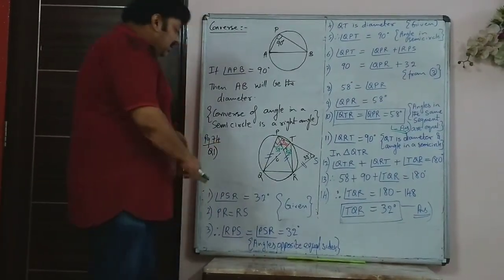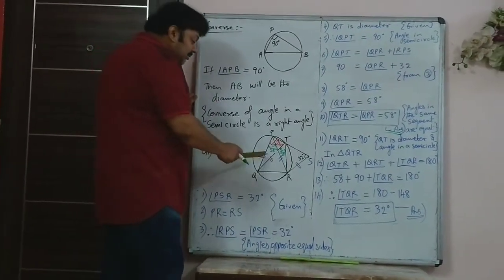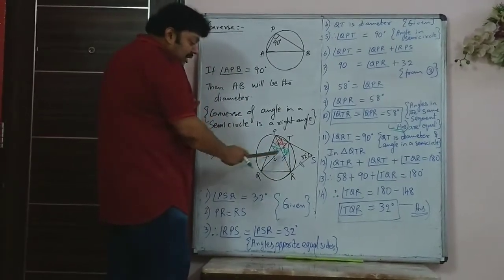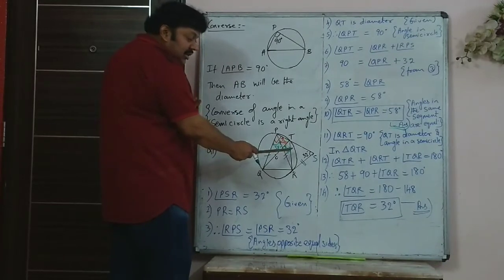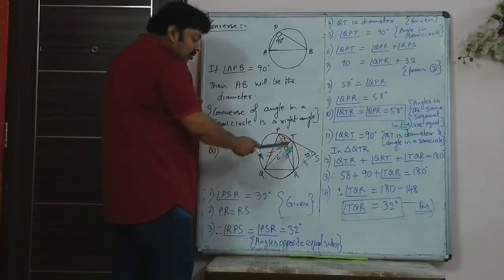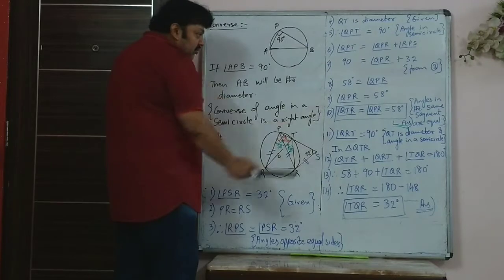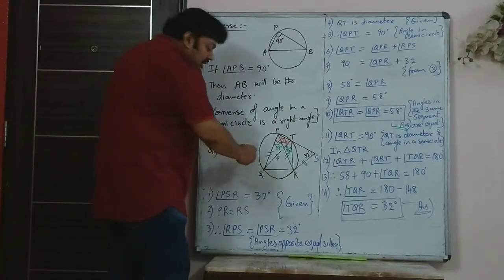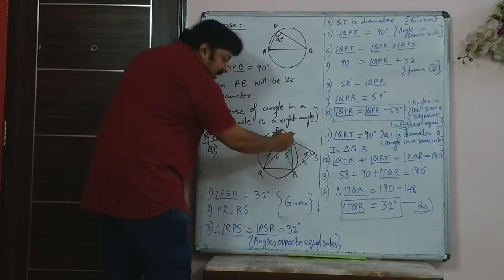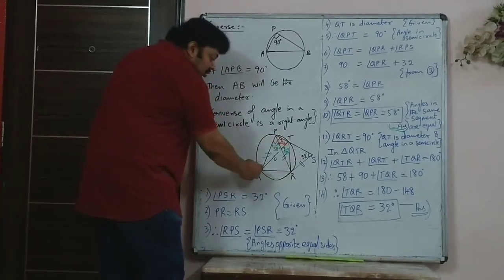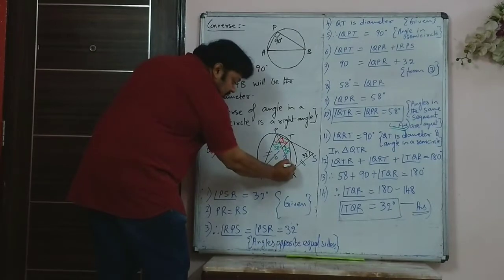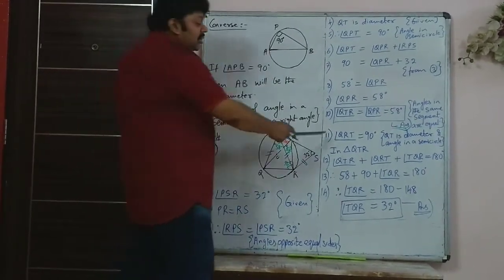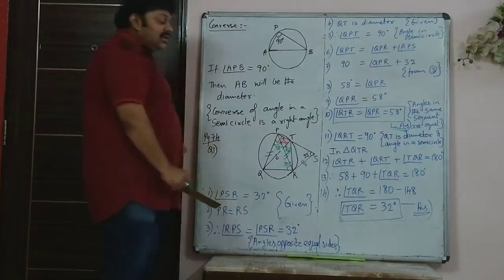Then in this particular triangle, that is in triangle QTR, you have one angle is 58 degree. Just now you wrote that angle QTR is 58 degree. What will be angle QRT? You know that QT is diameter, so QRT, this angle will also be 90 degree because it is angle in a semicircle.